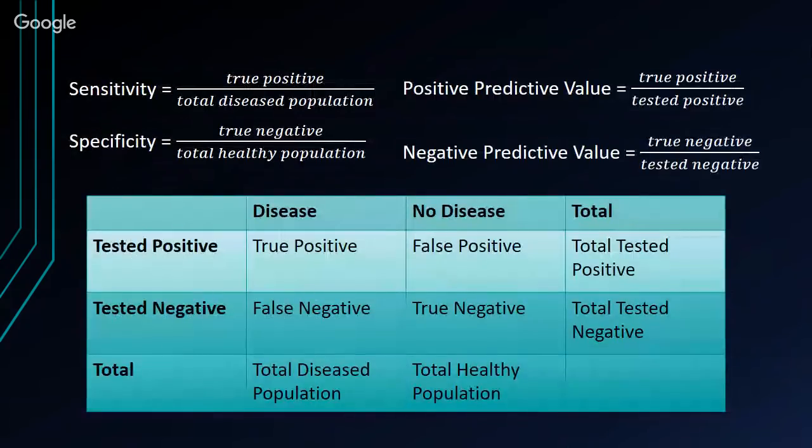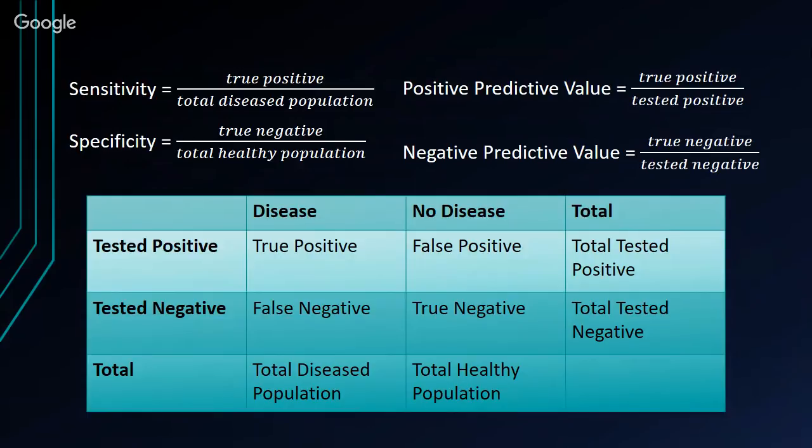This stuff is super important, can't stress enough, definitely know how to calculate these. It's easy to mix up the equations. Sensitivity is how good the test is at picking up what it's intended to, so the true positives. Of all the diseased individuals, how many tested positive? Specificity is how good the test is at excluding negatives, so the true negatives.